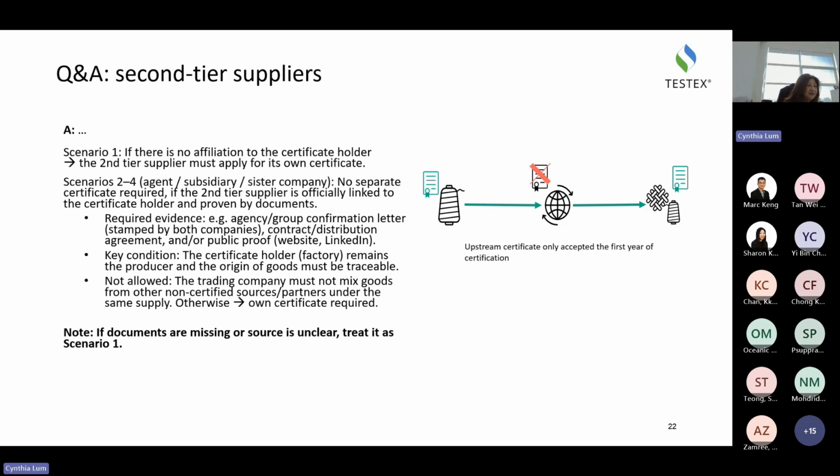However, if we find that the link is broken somewhere and the documentation is not complete, then we will need to check and ensure that the subsidiary or trader, etc., needs to have their own certificate.